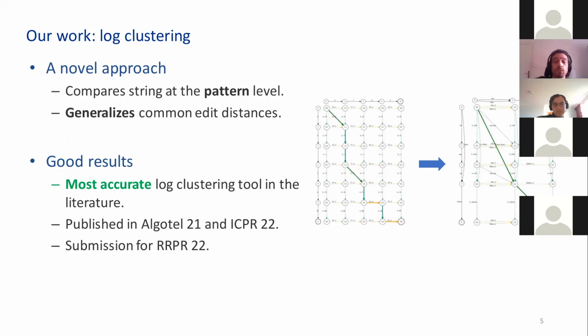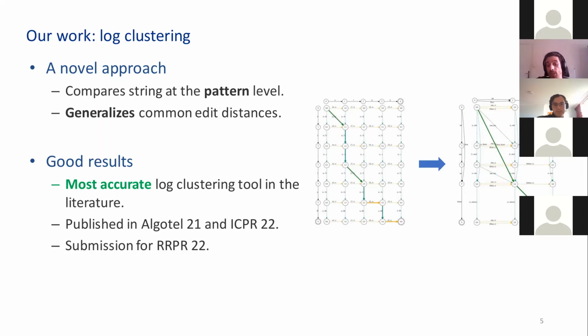For this, we developed a new distance, which allows comparing strings not at the character level, as is usually done, but at the pattern level. In a way, it generalizes the Levenshtein distance or the Smith-Waterman distance. We obtain really good results with this. We have the most accurate log clustering tool in the literature for now. It's not the fastest, but it's the most accurate.